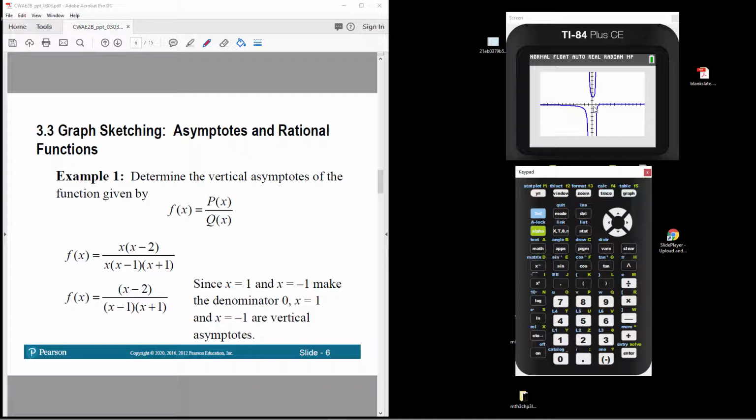When it approaches +1, it blows up. So you can see it has vertical asymptotes there.